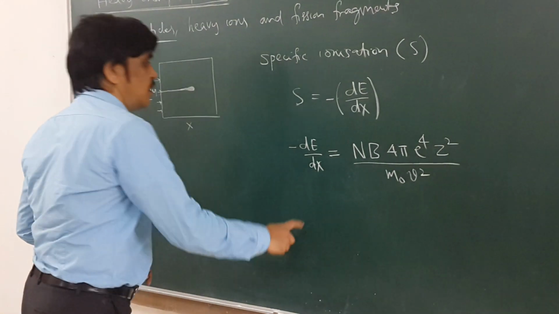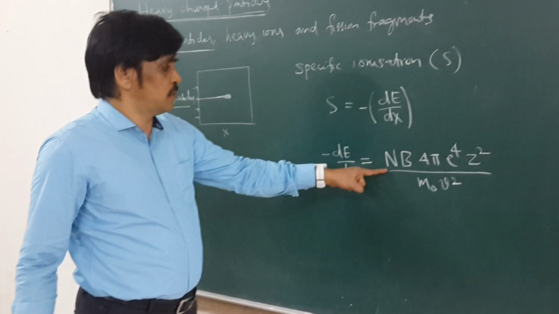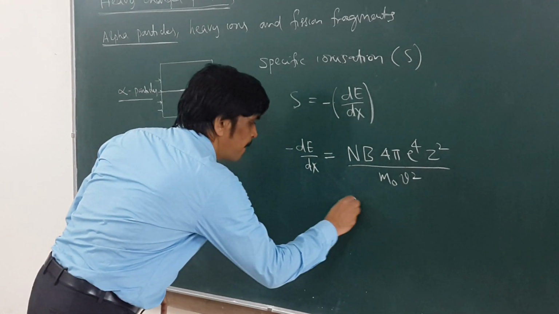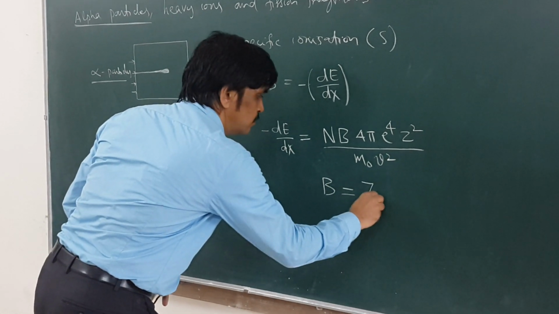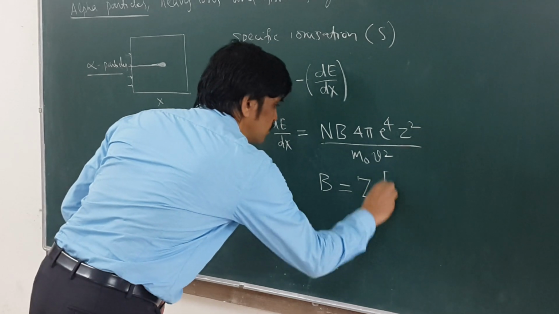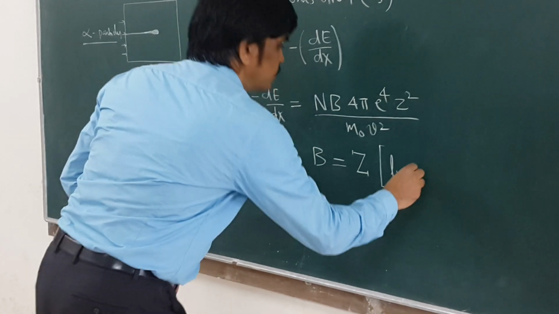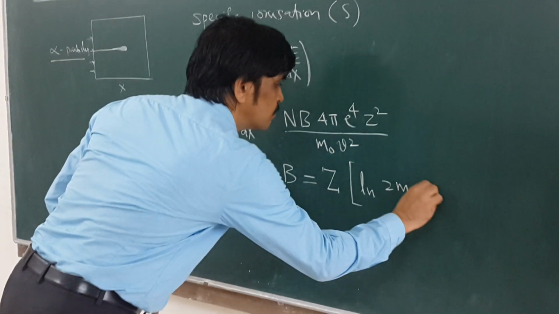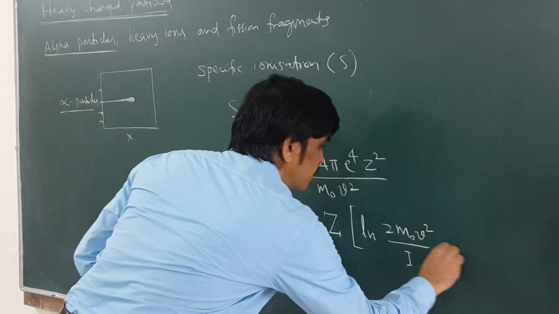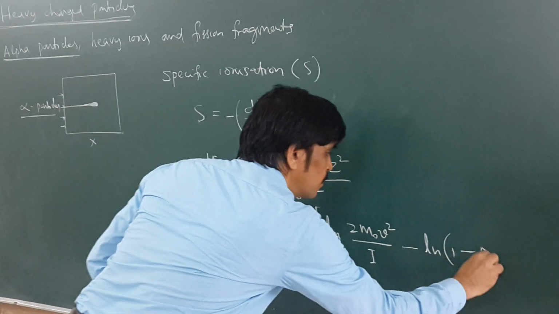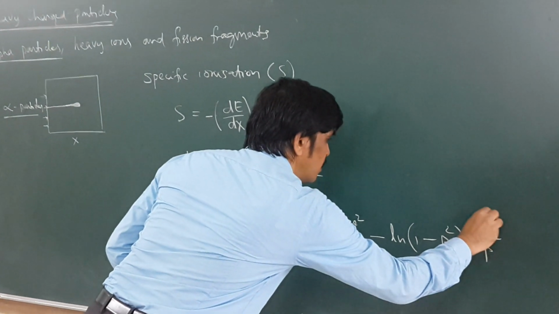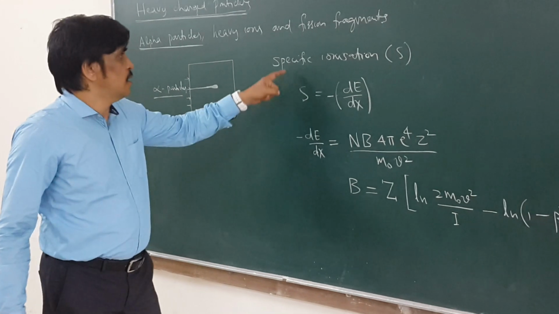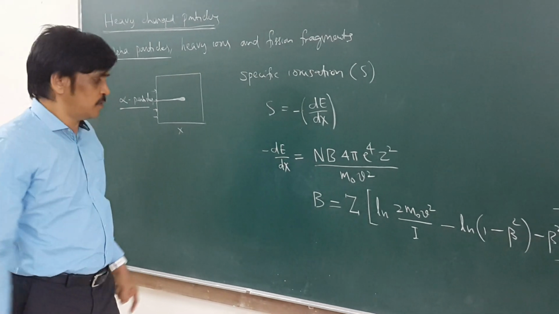Here n is the number density, the number of electrons per unit volume in a material medium, and V is given by the relation derived by Bethe and Bloch for the specific energy loss of a heavy charged particle.